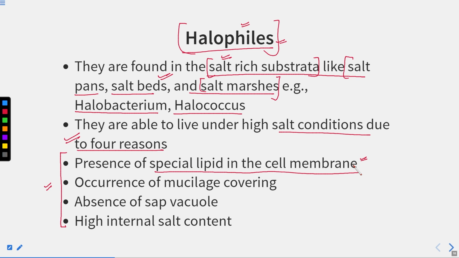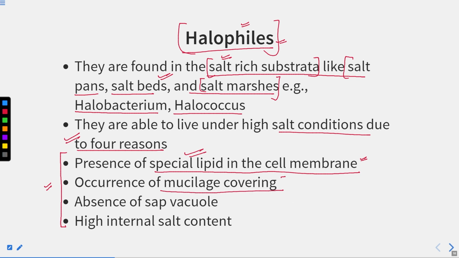Normally, due to the process of osmosis, water moves from a high water condition to a lower one. Outside the cell there is a lot of salt, which means the outer environment has a very low concentration of water, so water would move from inside to outside. But here it does not happen due to the presence of special lipid in the membrane, which does not allow a normal osmosis process to happen.